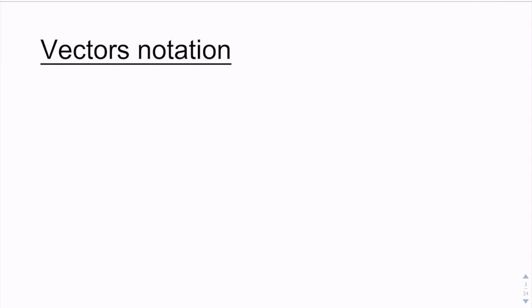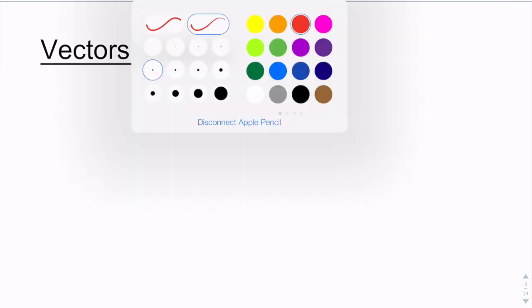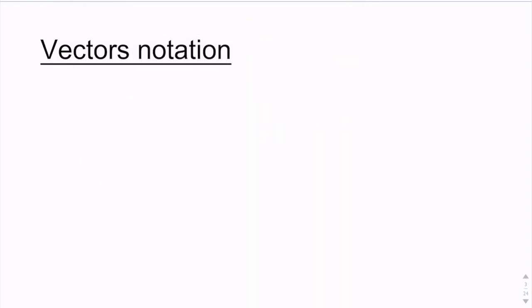Vector notation: how we use vectors in this course. In reference books and literature, we use many different types of notation for vectors, but the most common one is a bold lowercase letter, like x.